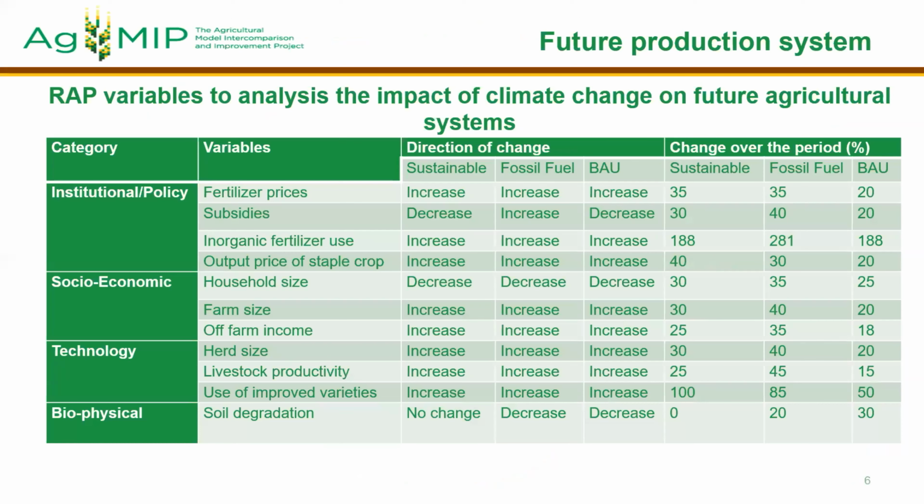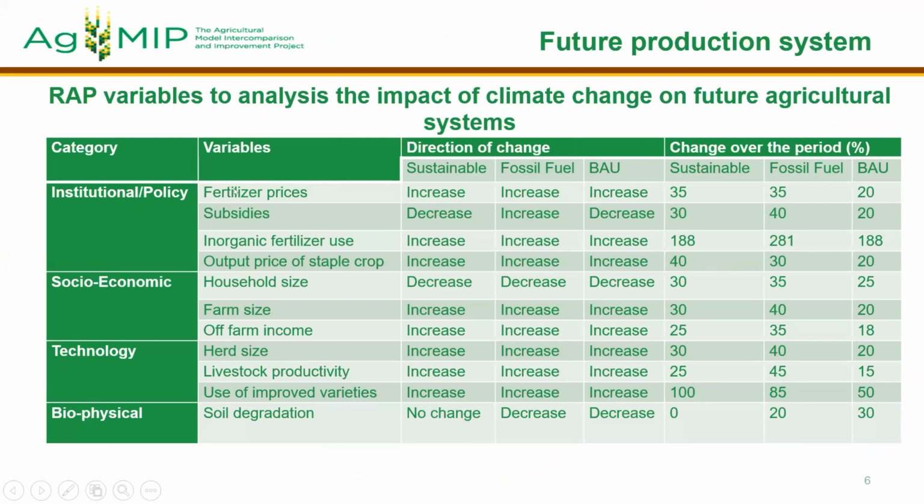This slide shows a selected number of variables that were used in the analysis of the impact of climate change on future agricultural production systems. We have four categories: the institutional and policy, the socioeconomic, the technological, and then the various variables.